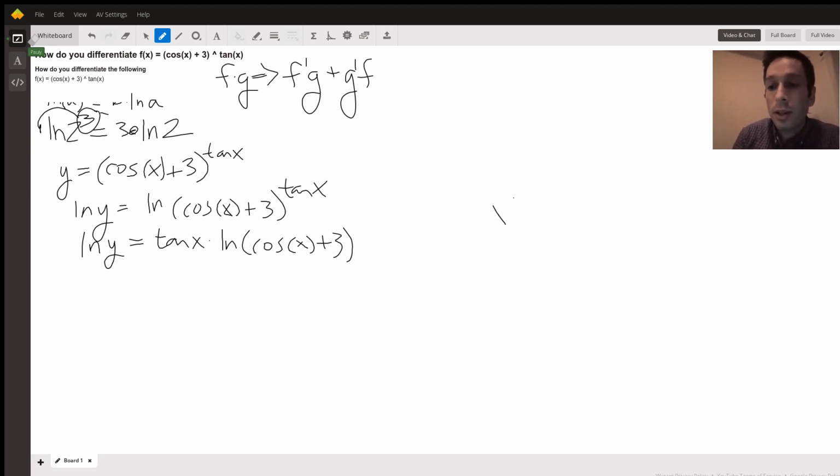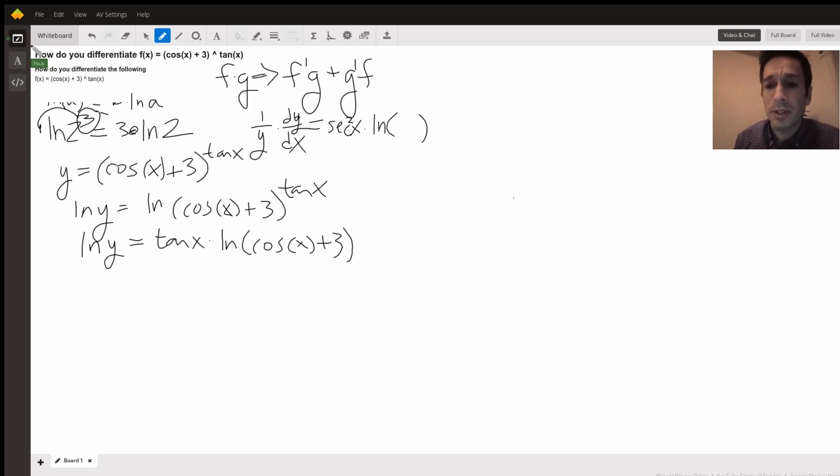So let's differentiate. It's going to be 1 over y times dy dx. And then the derivative, now we're going to do the product rule. So it's going to be secant squared, the derivative of the first, times the second, ln of all that's on the inside.